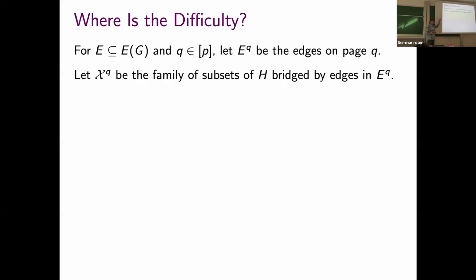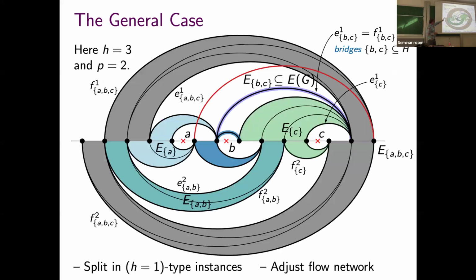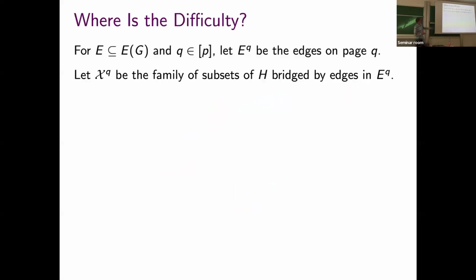Let me go back once more to give you an example. On this page 1, which is the upper page, what would be the family X1? It's A by itself, B by itself, C by itself, BC, because of the purple ones, not AB, and of course not AC, that doesn't make sense, but then additionally ABC. So the only subset that is missing is AB in the family X1.